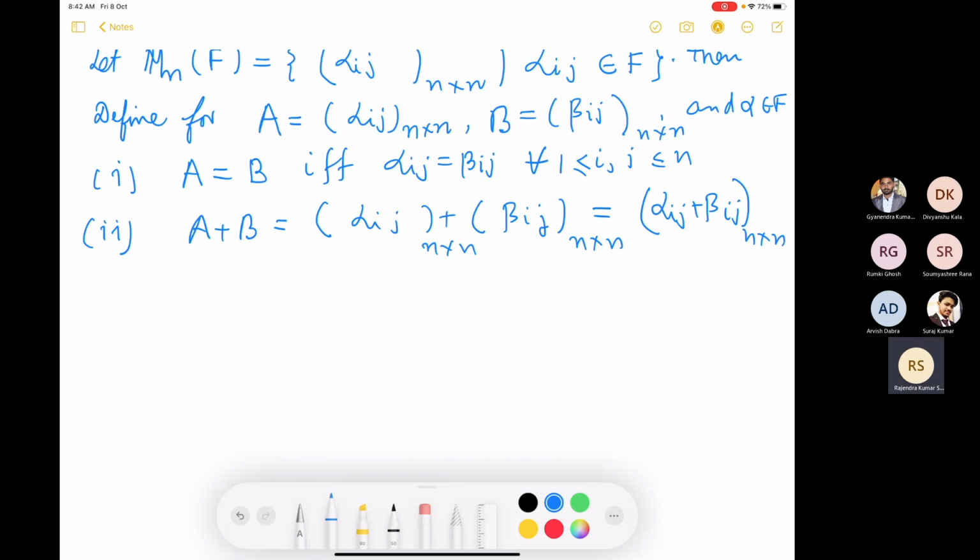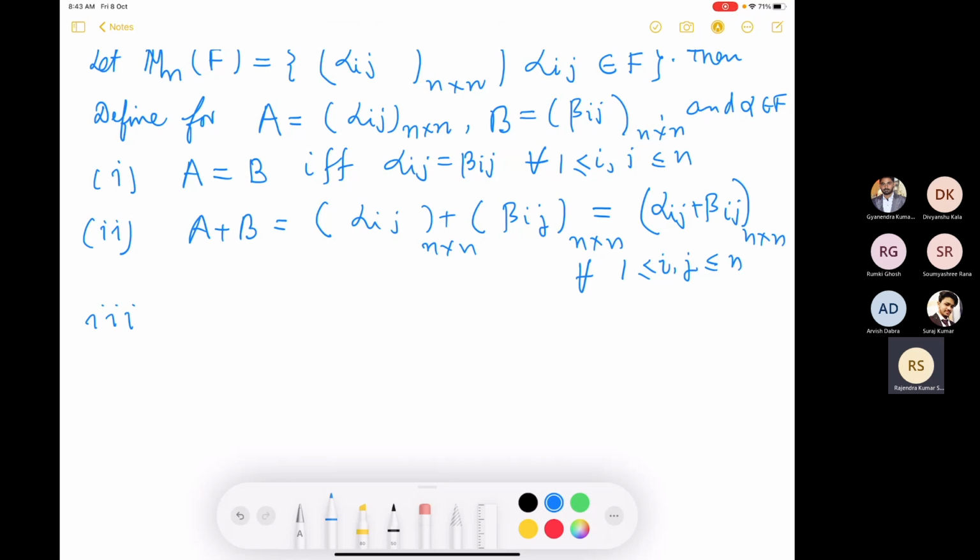Remember that when we write like this, it means the entry on the intersection of the ith row and jth column. So this is gamma ij, where gamma ij is alpha ij plus beta ij for every i and j, 1 to n.